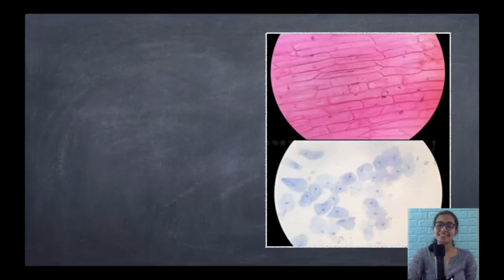So remember the experiments that we already looked at virtually. So these are the results from those experiments. That is the cells of the onion peel, which has been stained with safranin, that is the pink one, and the cells of our cheeks, which has been stained by methylene blue. So in this, the spherical dense region in every cell is the nucleus, right?